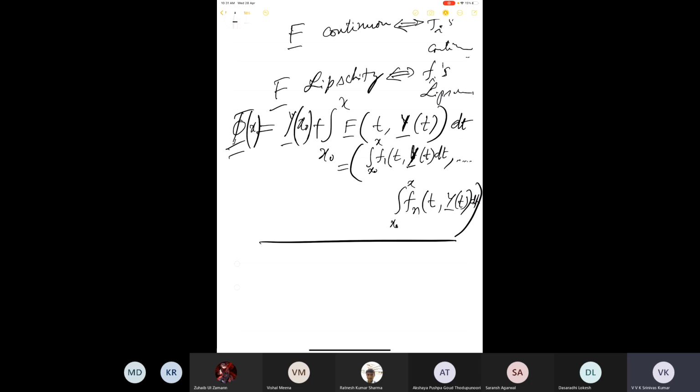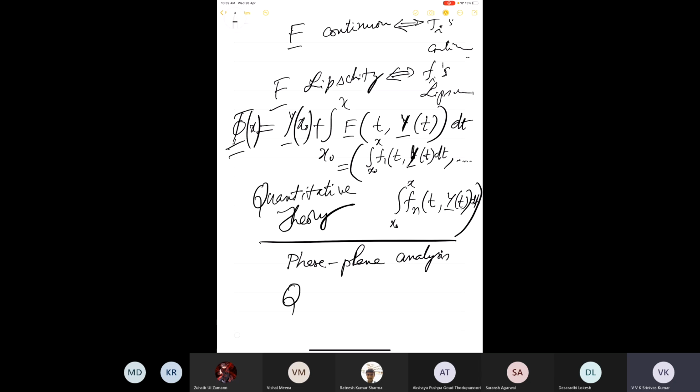Now these are actually about solving the equations exactly, but the phase plane analysis and the terms are qualitative theory. This is quantitative, and this is qualitative.